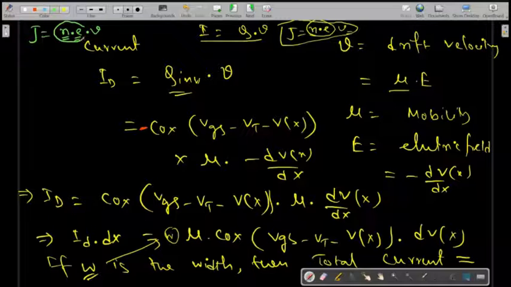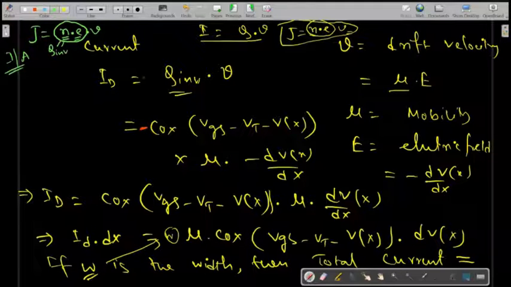So the total number of carriers into electronic charge is nothing but Q, that is Q inversion, into V. J is the current density, so J equals current by area. To get the current from it, we have to perform integration, and the device we are working with has a width of W.